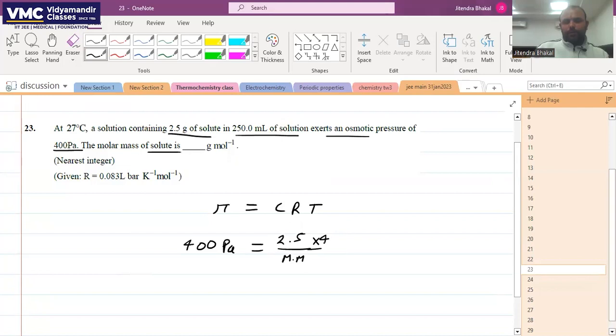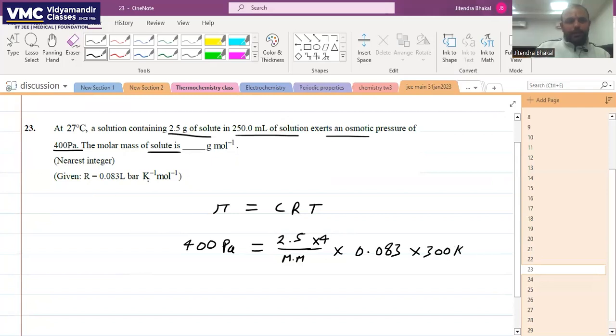So 4 will be multiplied here. Then value of R, it is given in the question, 0.083, and T is temperature, which is 27 degrees Celsius. We will convert in Kelvin, so 300 Kelvin.